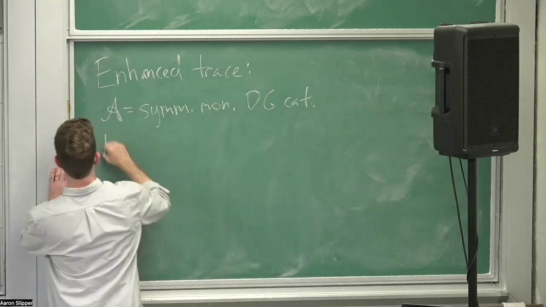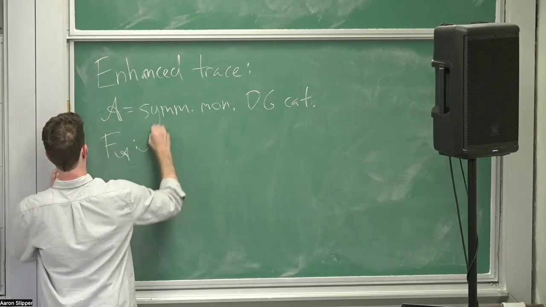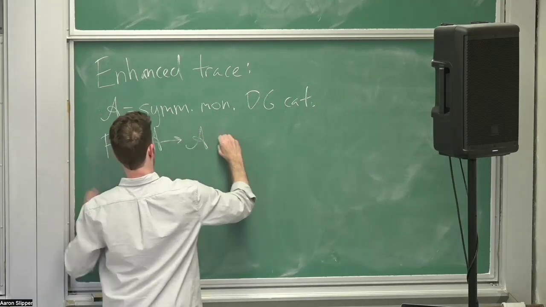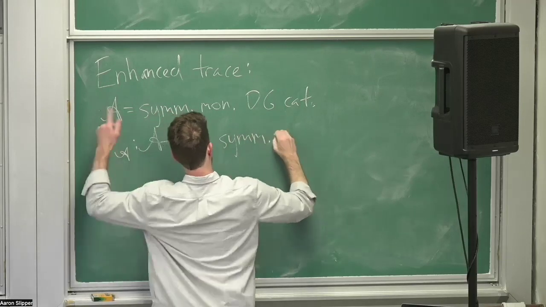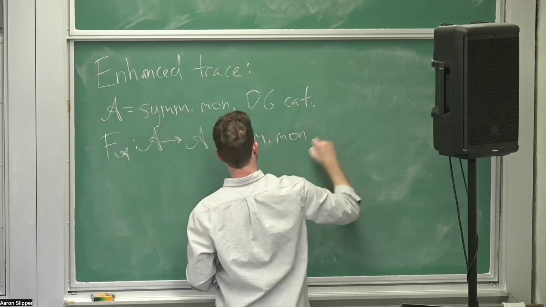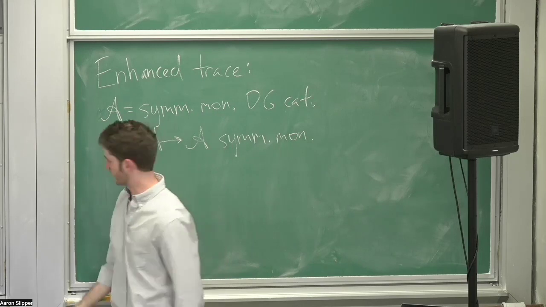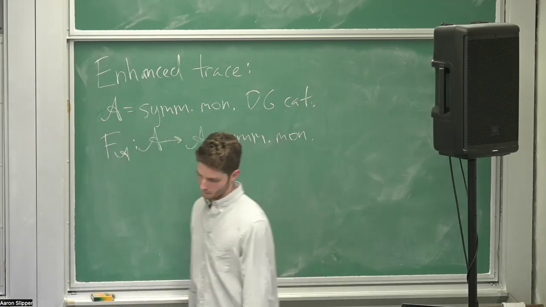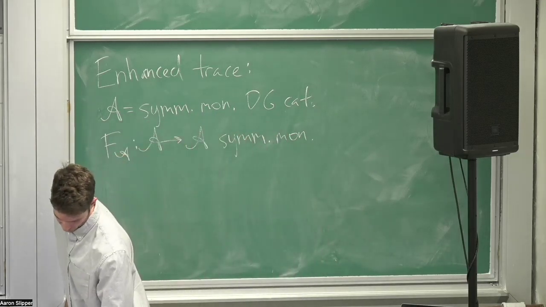And let's say I have a symmetric monoidal endomorphism of A. You should think this is like quasi-coherent sheaves on a stack, and this is like the Frobenius, pullback along the Frobenius or something like that.